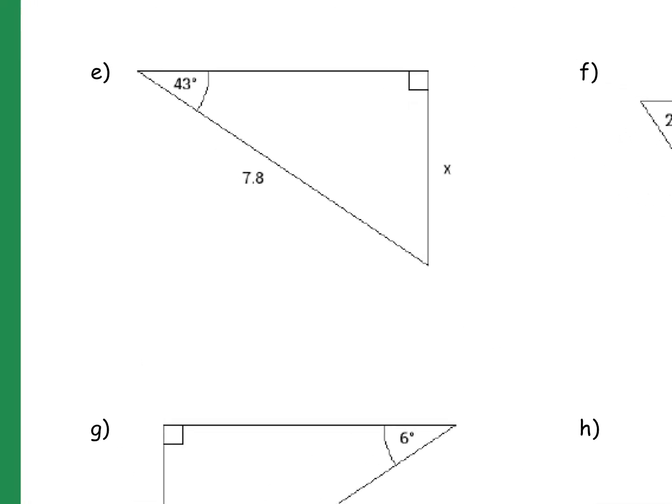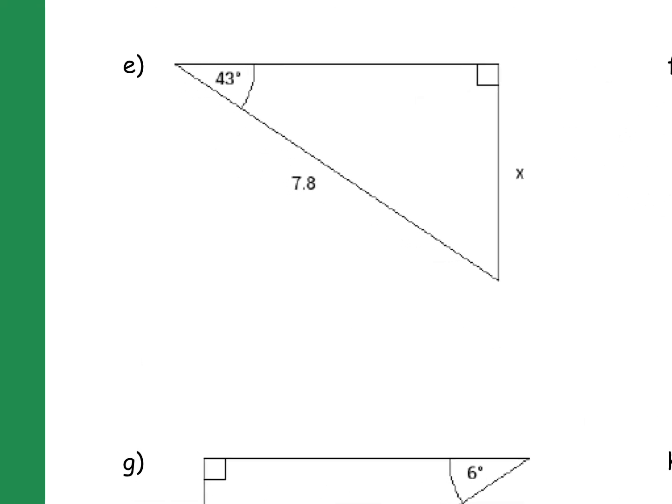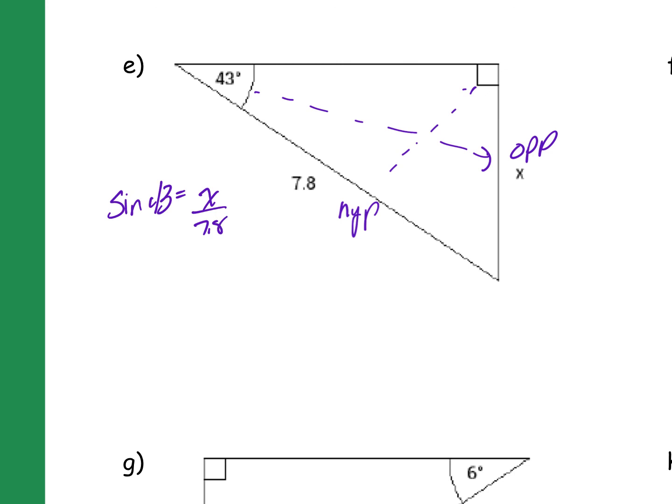Okay. So problem number E. Here's my side opposite. Here's my hypotenuse. So I have sine of 43 is going to equal x over 7.8. So x is going to equal 7.8 times sine of 43. So x is approximately equal to 5.3.